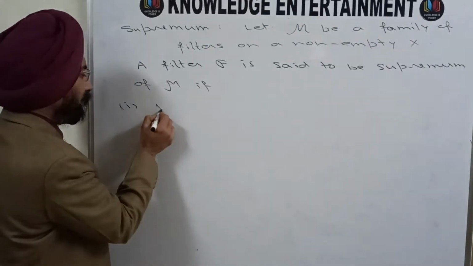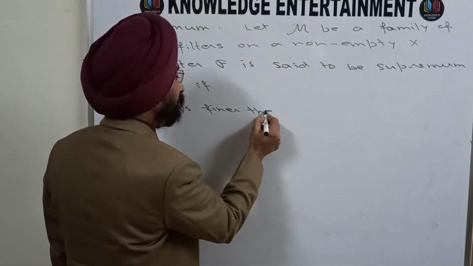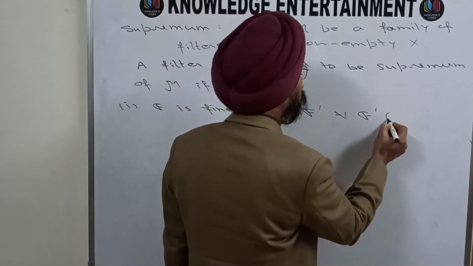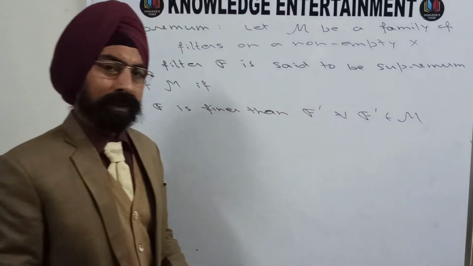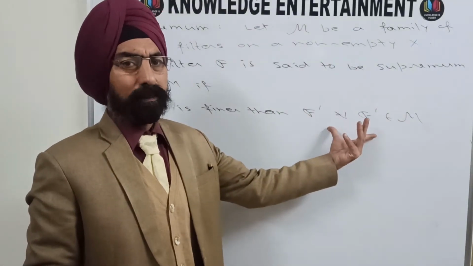Number one, F is finer than F dash for every F dash belonging to M. That means F is finer than every filter in the family M.